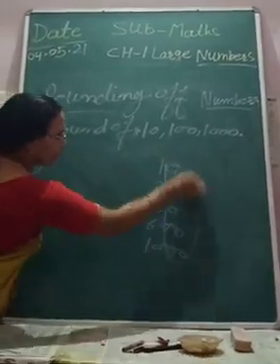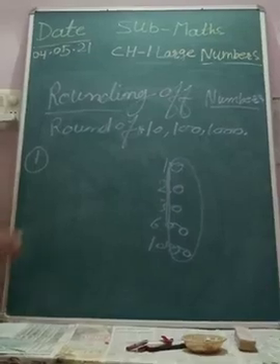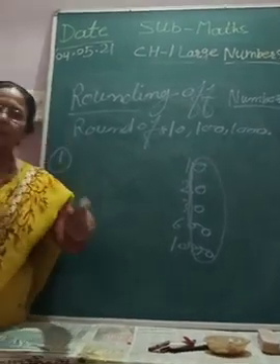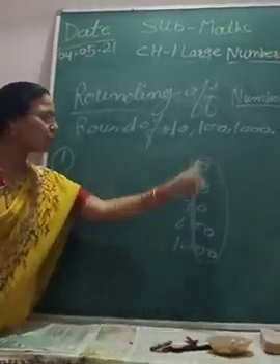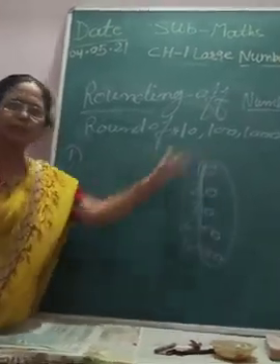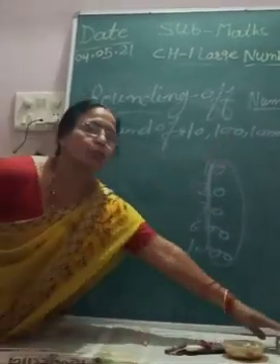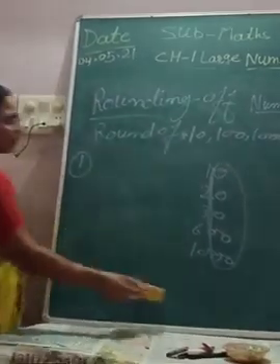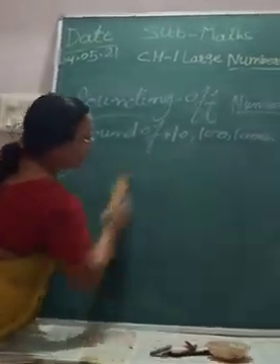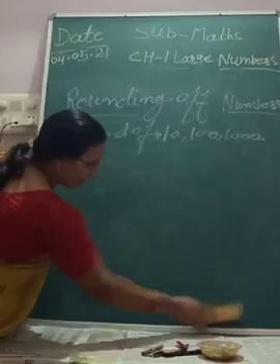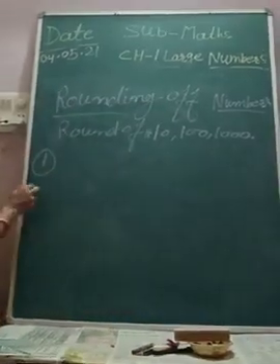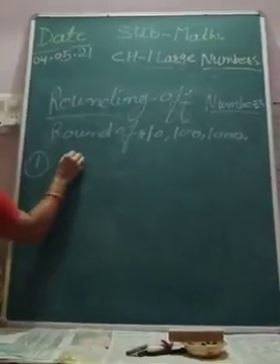At the ones place there will be 0. It means when there is 0 at the ones place, that number is already rounded. It means there will be 0 with the digit.